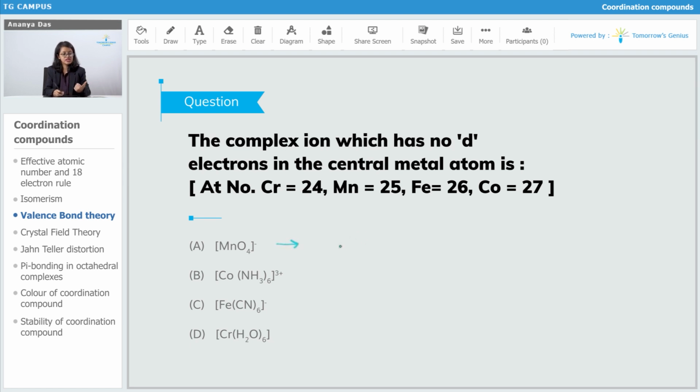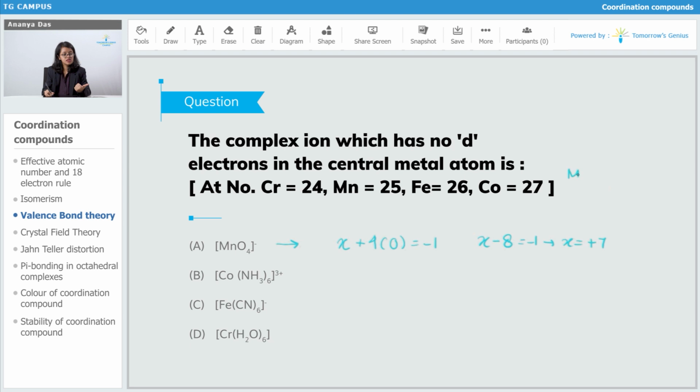In this case, we can take the Mn as x plus 4 into the charge of oxygen is equal to minus 1. Oxygen has minus 2 charge, so x minus 8 is equal to minus 1, which gives you x is equal to plus 7.